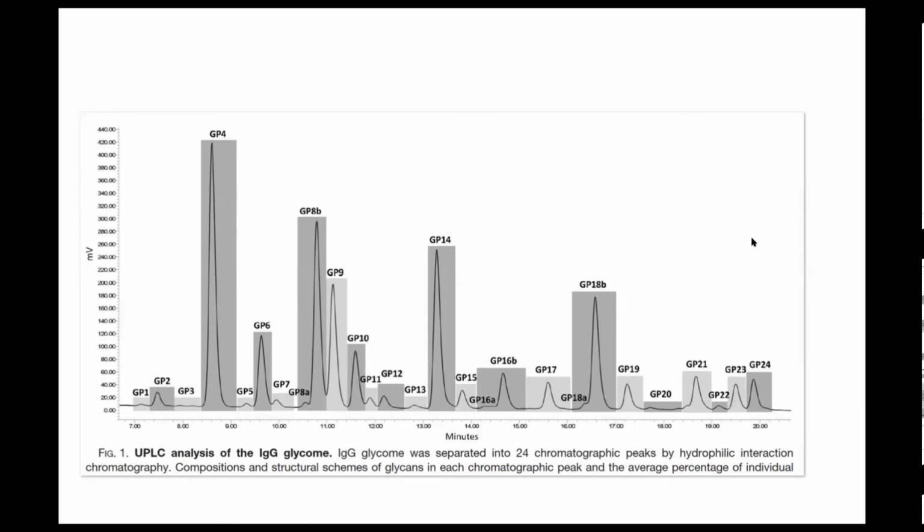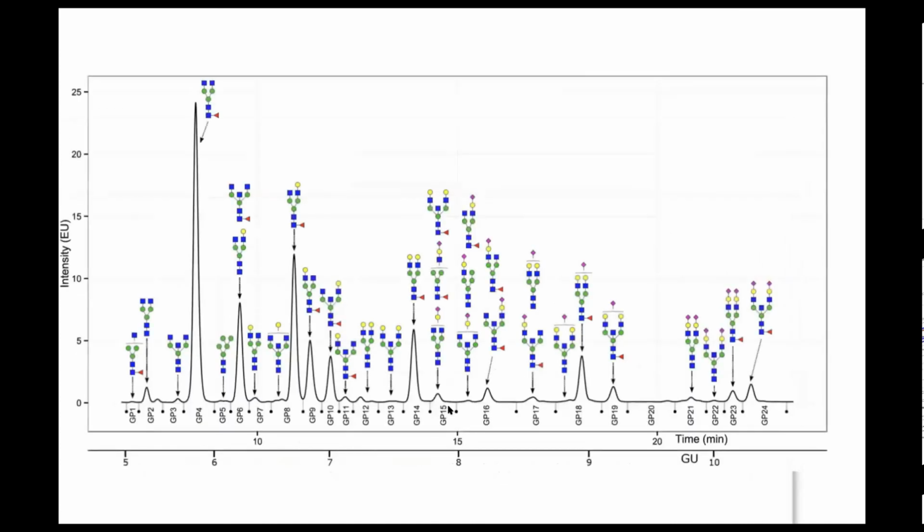But for IgG, you have lots of publications showing these sort of profiles, where actually each glycan peak has a number of potential structures behind it. And so now in this simple case, there's a lot of work that has been done, and you have glyco profiles of immunoglobulin, especially IgG.